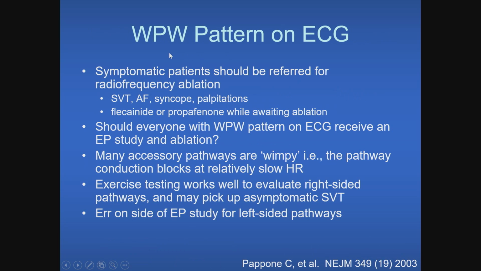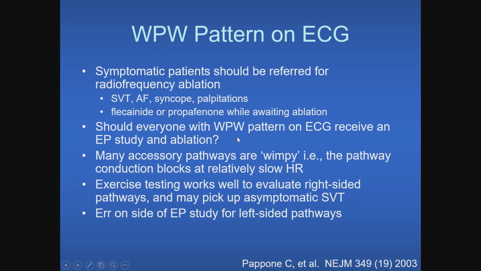So if you see patients with a Wolff-Parkinson-White pattern on ECG, symptomatic patients should be referred for radiofrequency ablation. SVT, AF, syncope, palpitations, all of those count as symptomatic for the patient. We may place patients on class 1C antiarrhythmics such as flecainide or propafenone while they're awaiting ablation.